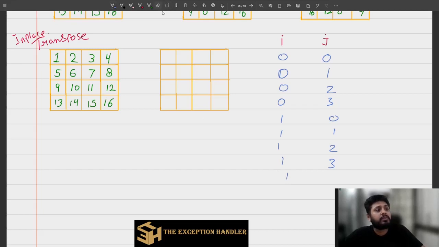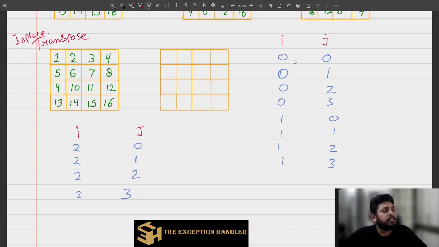Then I'll write the next indexes for the next two rows. Let's say for i is equal to 2, j is 0, 2 comma 1, 2 comma 2, and 2 comma 3, and so on. By this time you'll be very clear of what I mean to say. So let's start doing it.